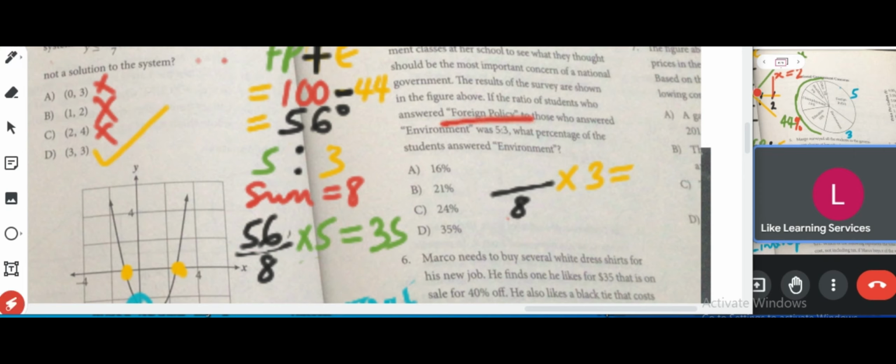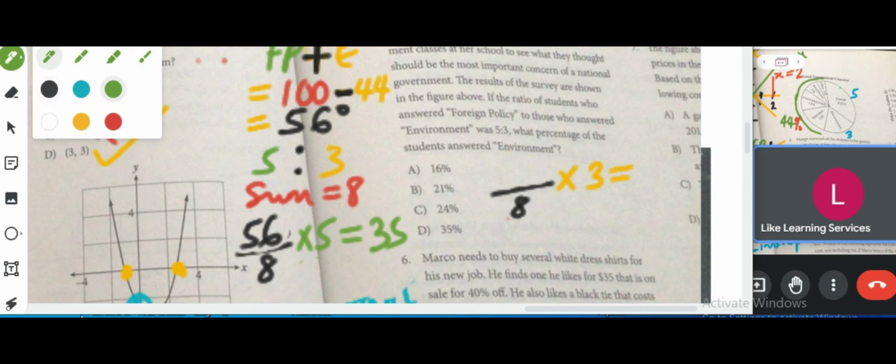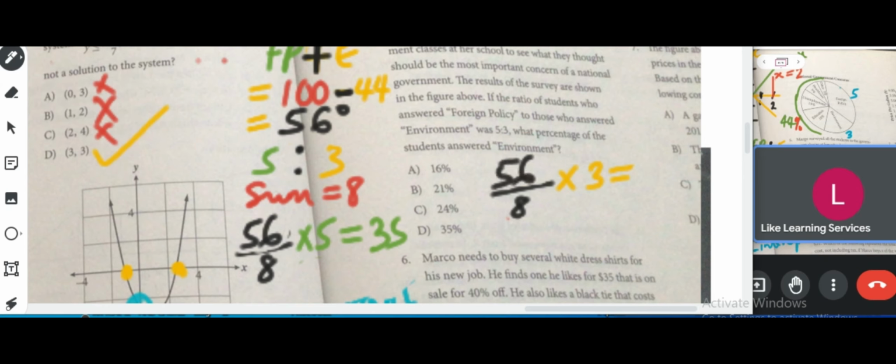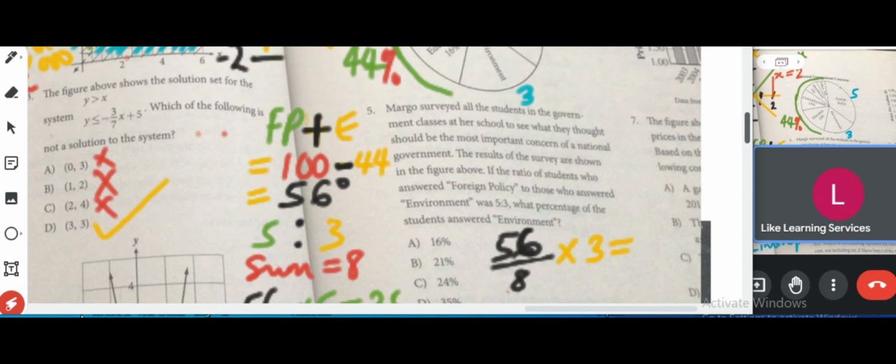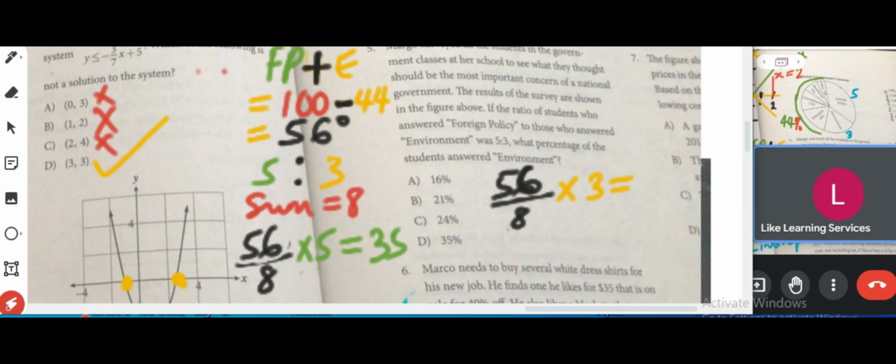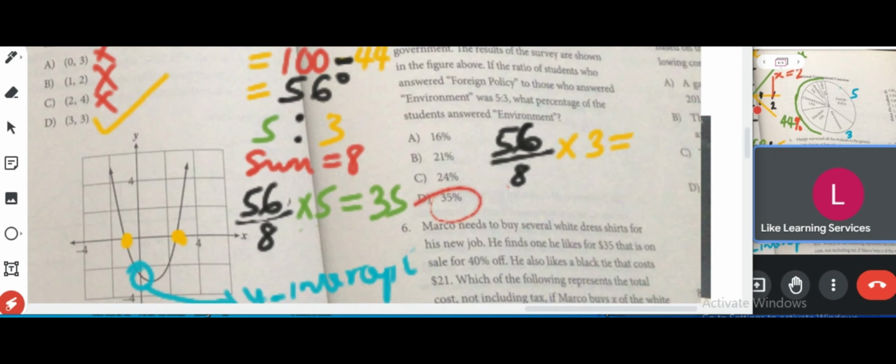Please remember, this is the value for foreign policy. We are not asked to get that of foreign policy, but I'm explaining, so I need to teach you everything just in case. Then for environment, it's also total of what they are sharing, which is 56, over sum of ratio, which is 8, times the particular ratio for environment. See the subtleness in this kind of assessment, because they will even give you an answer for something wrong, and if you're not careful, you may just pick it.